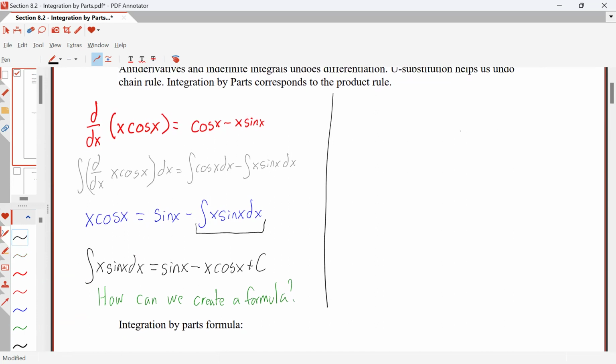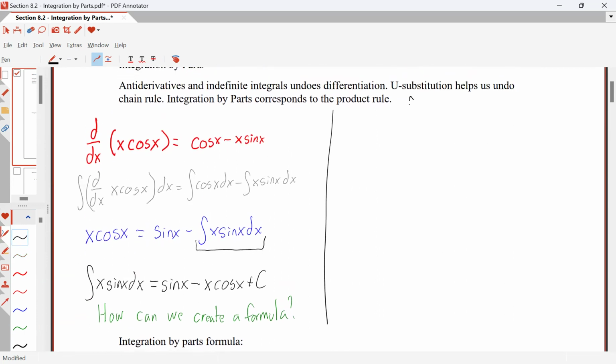So now let's look generically. Say we have functions u of x and v of x. I will try to have little tails on the u's to help differentiate between u and v, but our functions are u and v. And we have their product, u times v.